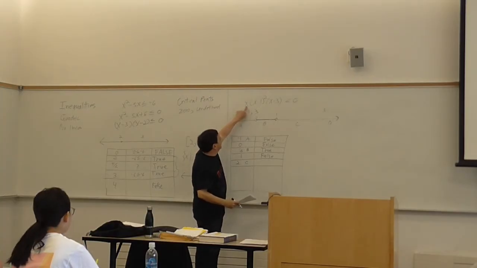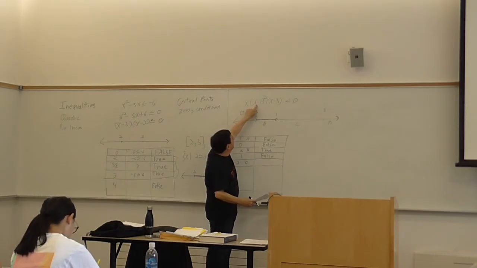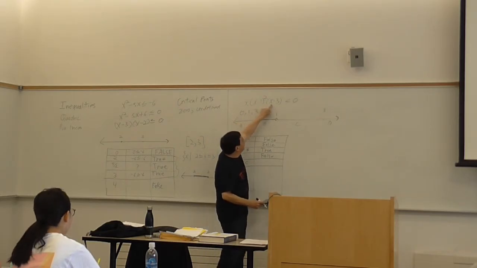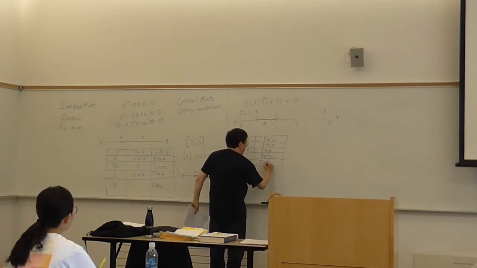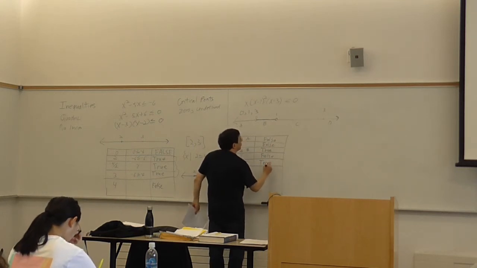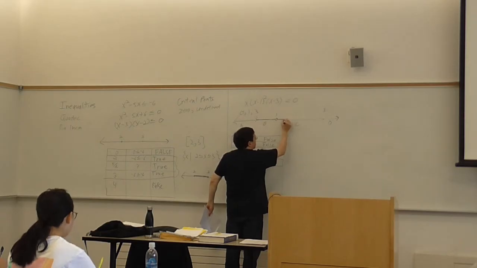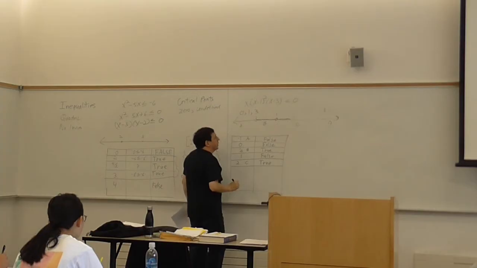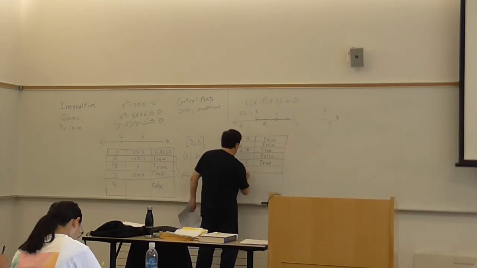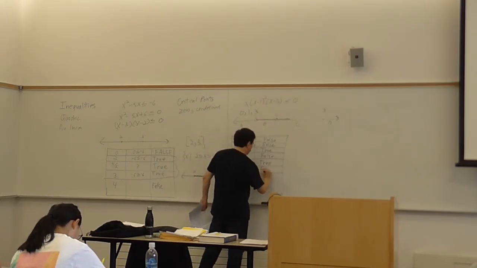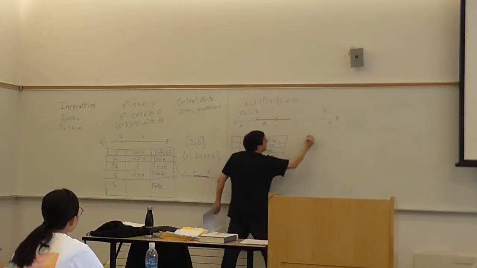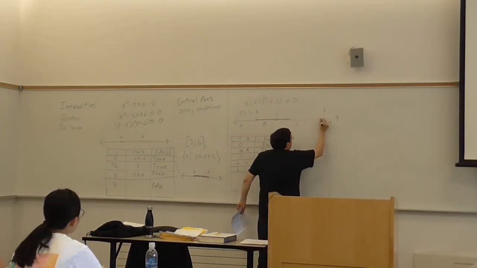So 2 is positive, 2 minus 1 squared, that's positive, 2 minus 3, that's negative. So the C region is going to be included. And try 3, well 3 is 0, so that's not included. So again, I have a hole here.